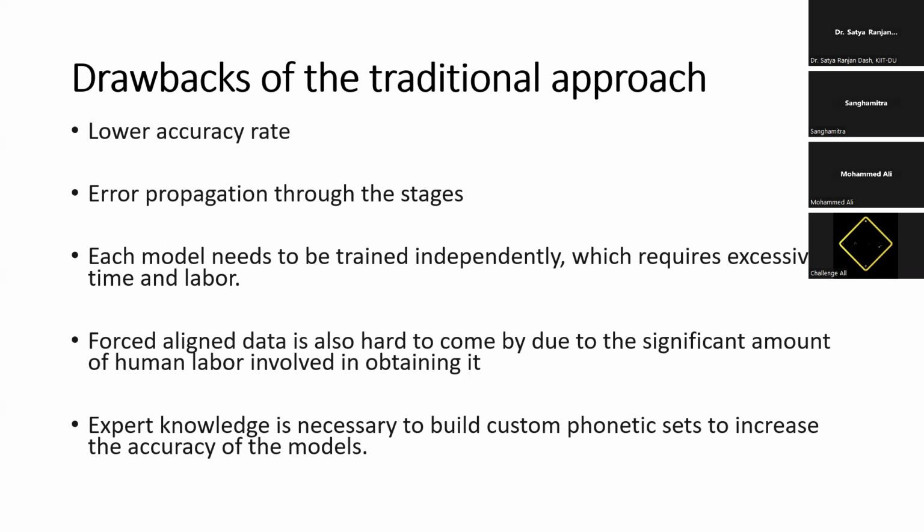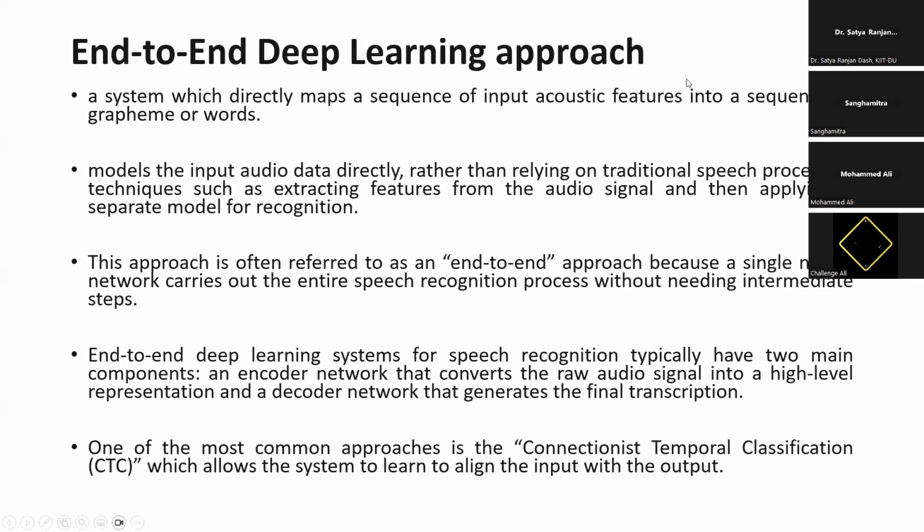So today we have the end-to-end deep learning approach also for designing these models. Here, the system will directly map a sequence of input acoustic features into a sequence of graphemes or words.